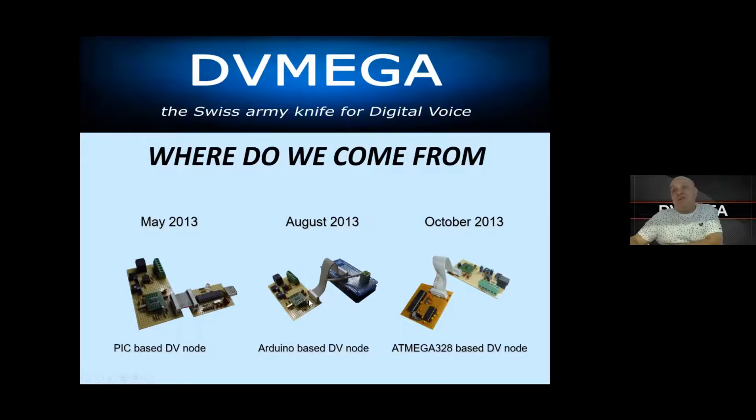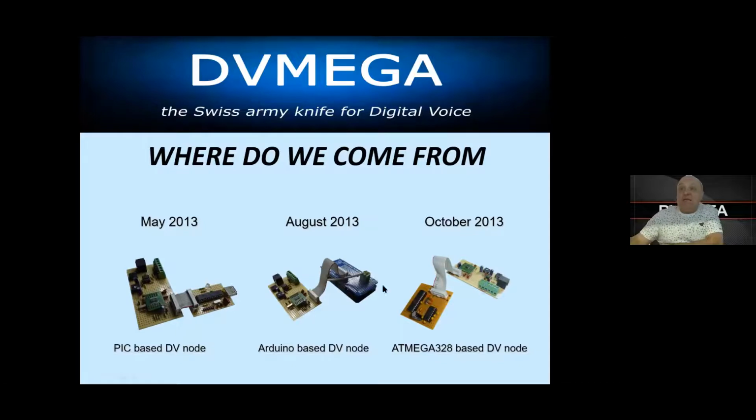In August, I kept the same modem hardware, but I moved to an Arduino, because Arduino was already popular at the time. And I thought, to make the project available for other people, it's better to go to an Arduino, because the hardware is very easy to get and very affordable.